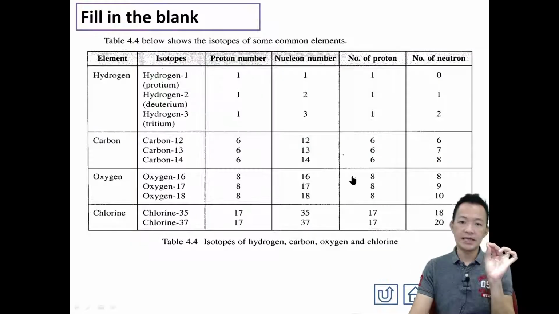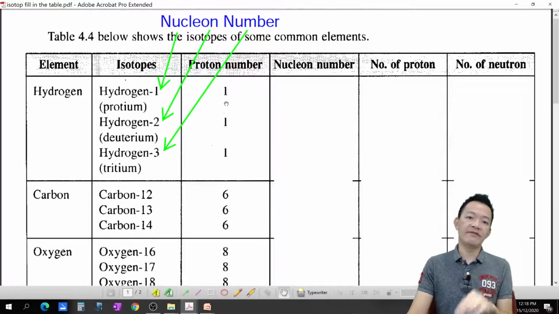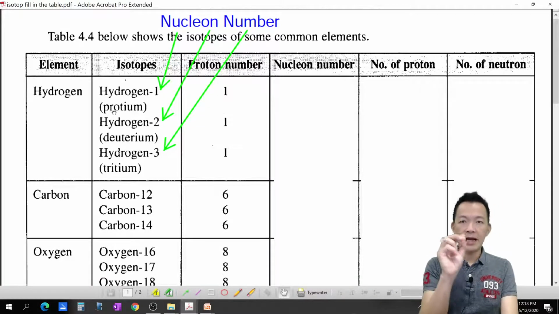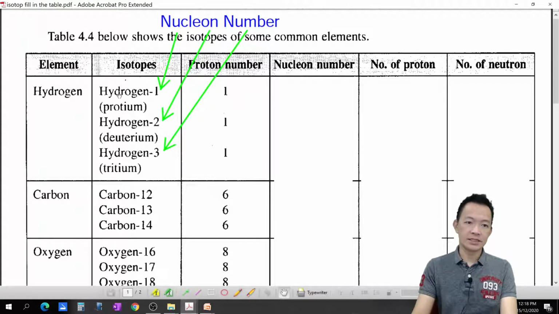Next. If you understand what is meant by isotope, you should be able to fill in the blanks in the next table. Before you fill in the blanks, I want to tell you something first. If the question talks about isotope, nothing to worry about. Hydrogen, for example, has 3 isotopes, hydrogen 1, hydrogen 2, hydrogen 3.